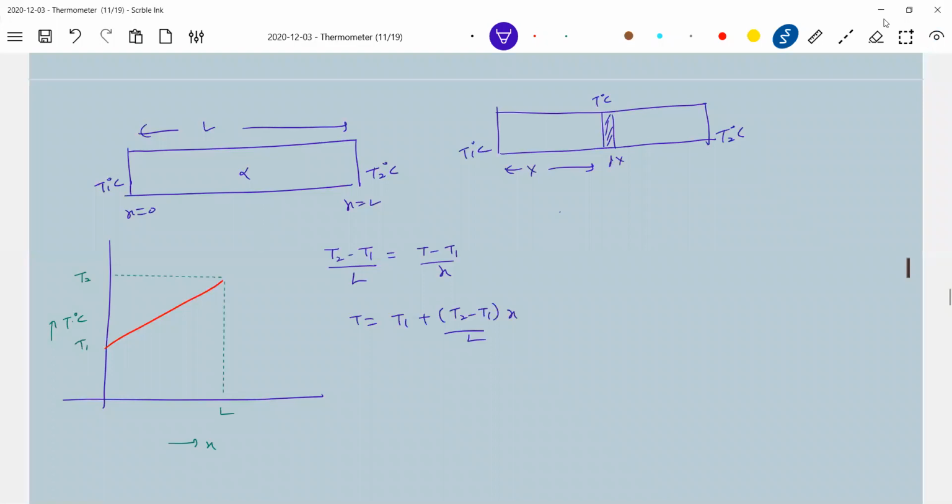So the elongation in that small element: dx, alpha, temperature is T. Thermal elongation in a small element of length dx, let it be delta L. So what is dx? Length of the small element. Let delta L be the elongation due to change in temperature, because as you move from here, T will become dT.